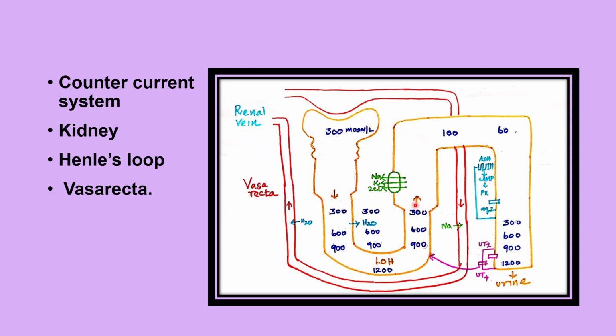The vasa recta maintains this concentration of the urine. So the vasa recta acts as a countercurrent exchanger, and the loop of Henle is the countercurrent multiplier.